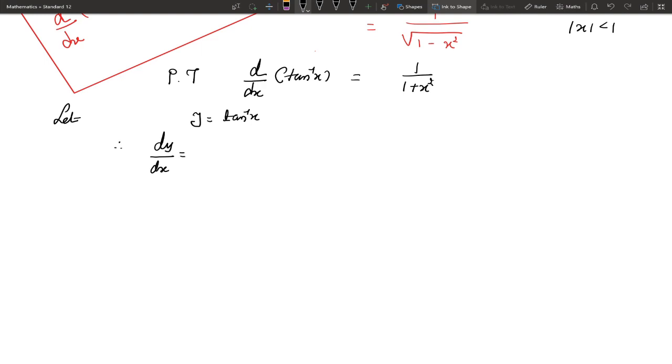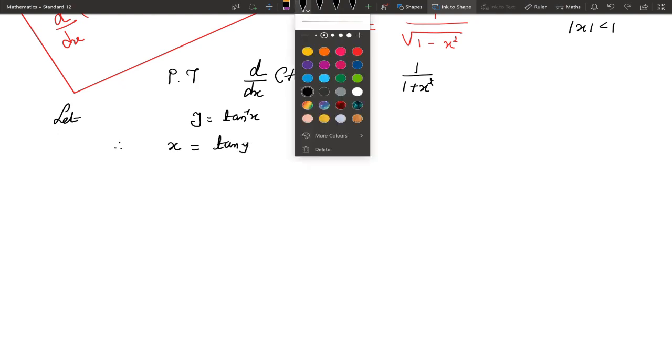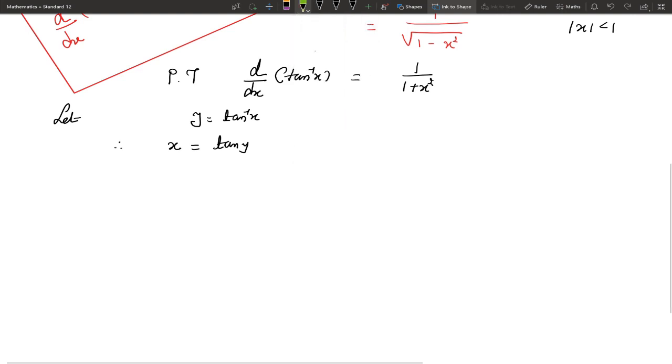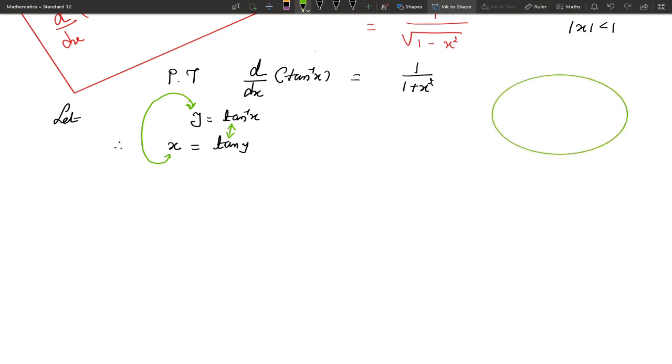y equal to tan inverse x, so x equal to tan y. Now tan and tan inverse are inverse functions of each other, that is x and y are inverse functions of each other, so we have to use these results.